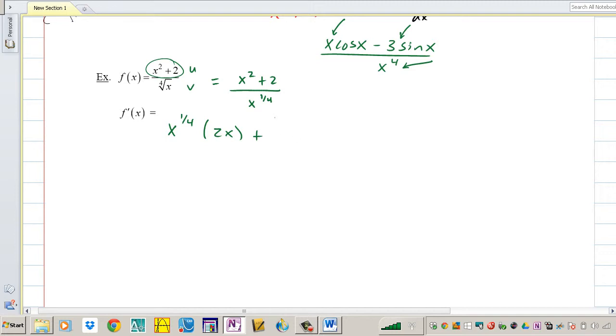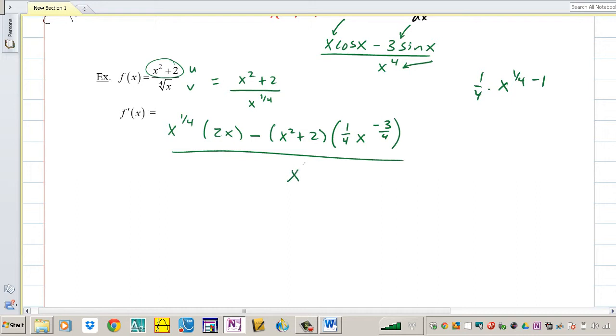Minus the top times the derivative of the bottom. What is the derivative of x to the 1/4? Well, that is 1/4 x. Take 1 away from the power, and that is negative 3/4 power, all over the bottom squared.